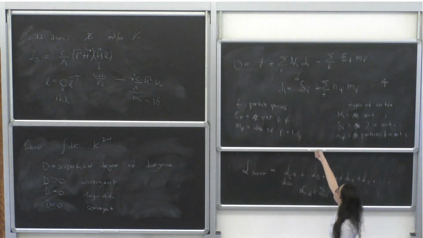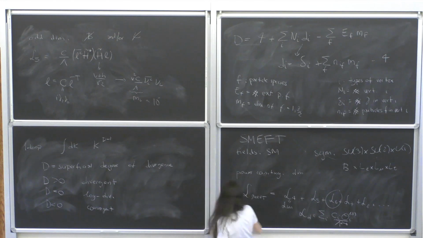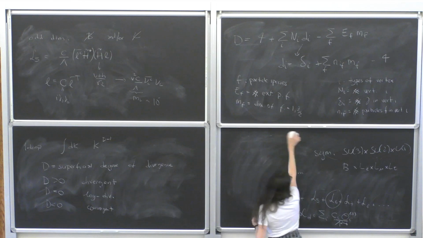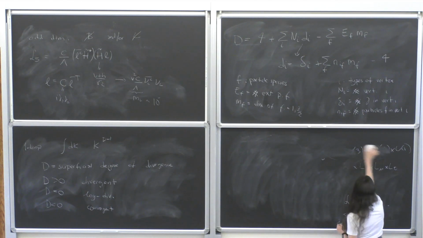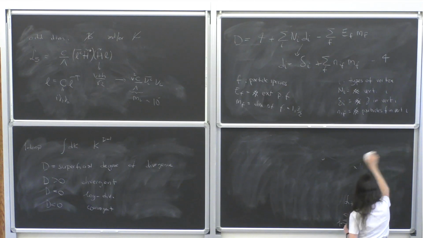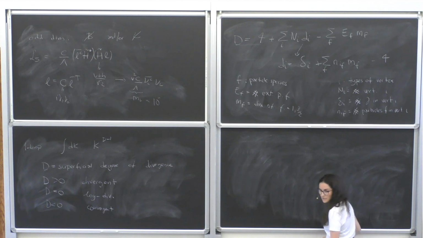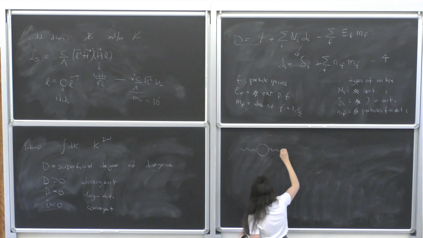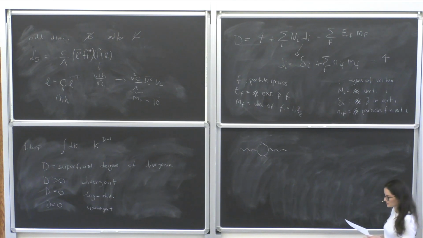So we can do a practical example so you see it. Once you have figured out what this is, it's very easy to say why theories are renormalizable or not. Imagine that you take the standard model, you might be familiar with this, or even just QED. So you have some vector, and then you have basically the vacuum polarization diagram.